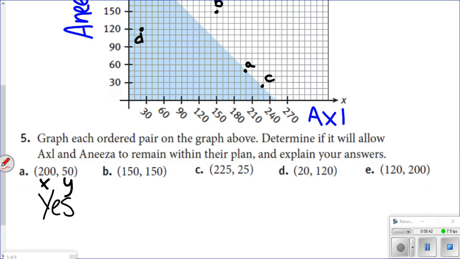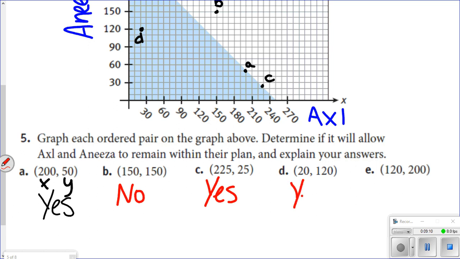Letter B is no, because the point is not in our shaded region. Or when I add 150 and 150, we get 300, and that's above 250. C is yes, it's right on the edge, the border. The point is in the shaded region, it's within the plan. 225 plus 25 is 250, so it works.